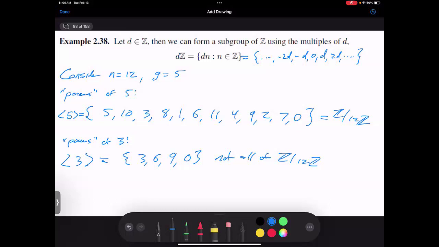So we do not consider 1 prime. So do you know why 1 is not considered prime? Why do we exclude 1 from the set of prime numbers? It's because we want the fundamental theorem of arithmetic to hold.